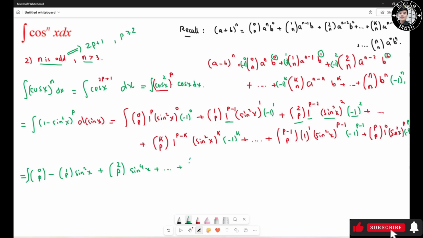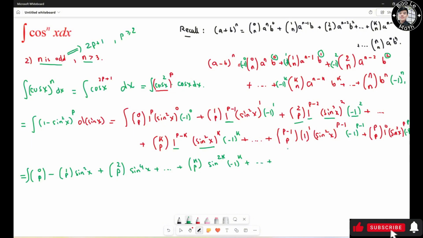It's going to be the combination of k, p. This equals 1. This equals sine raised to the 2k, right? Times negative 1 raised to the k, plus etc.